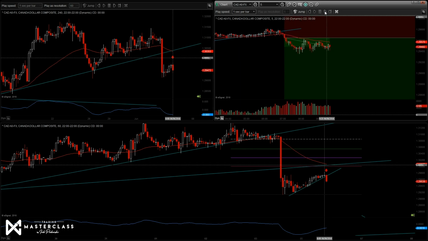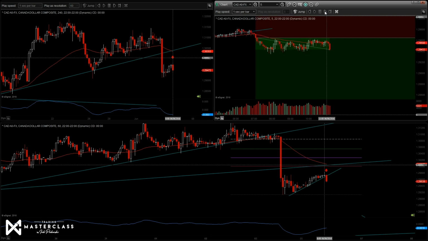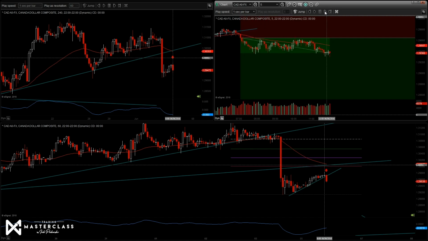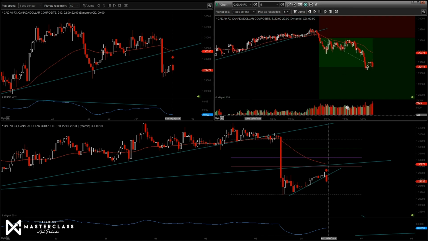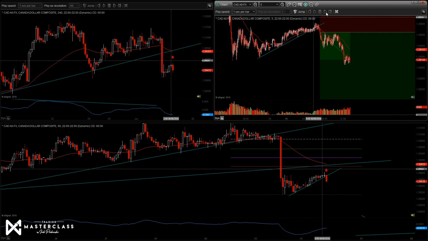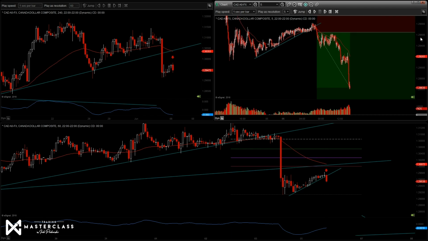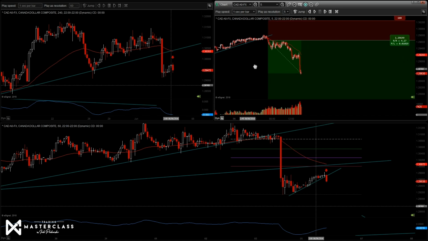Just a little bit of indecision there. And eventually it should start falling. There we go. Let me zoom out. Boom. And the New York session opened up and there was another push to the downside here.